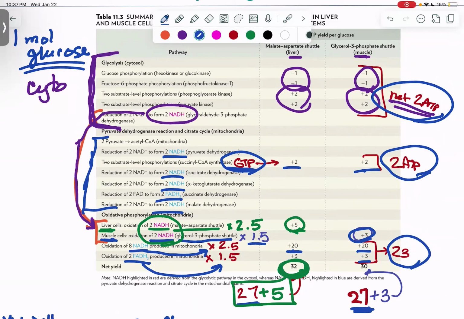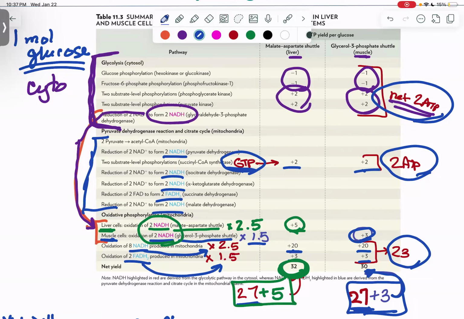If, on the other hand, we're in muscle and we're way more worried about making ATP quickly than getting the maximum amount of ATP that we could get, then we're going to make 27 plus 3, and we're going to get 30. So this is why sometimes in books you're going to see different yields of ATP.